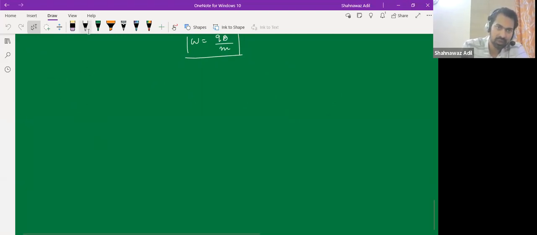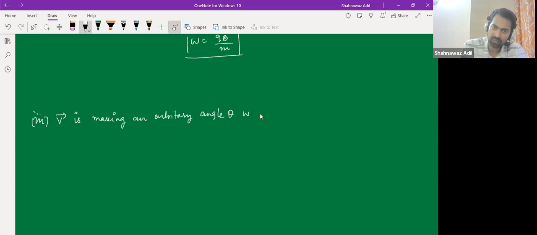So let us understand about the third case, that V is making an arbitrary angle theta with the magnetic field, right?